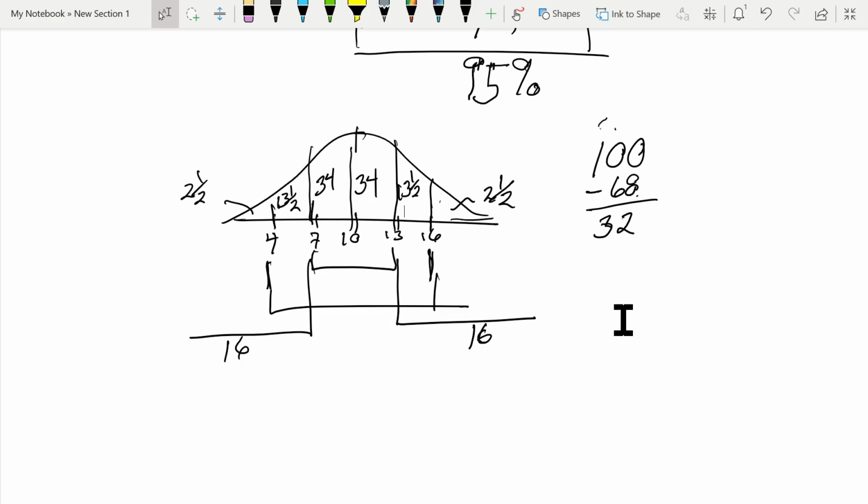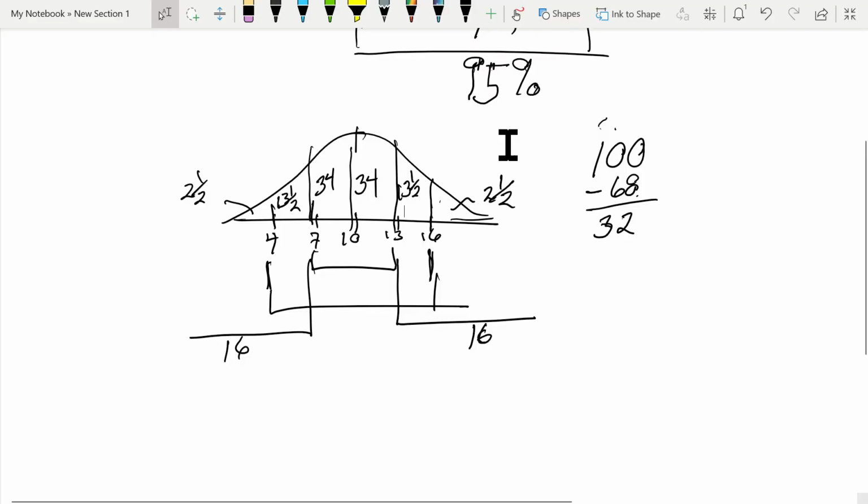The middle and 2 standard deviations up. 34 plus 13.5 is 47.5. Right? So these are the bets, and this is the first shot at bets that we've got.